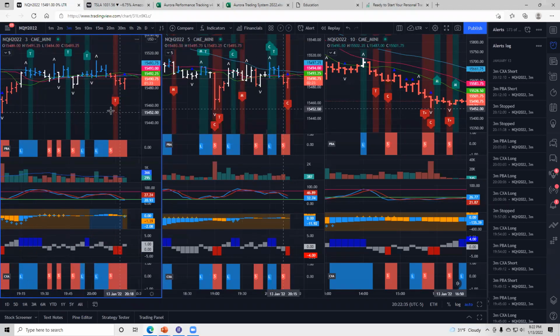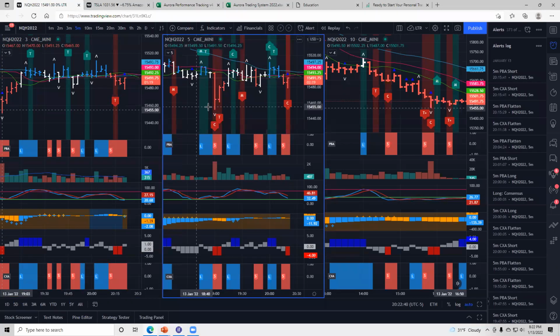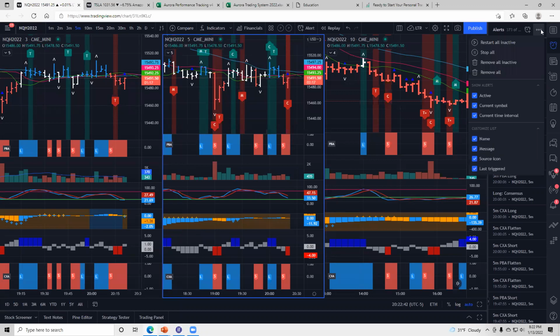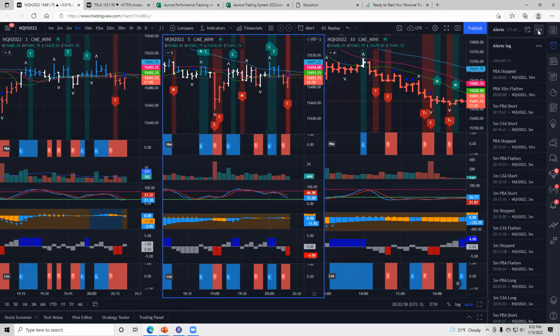I have them set up so that I'm only looking at the alerts for the particular time frame that I'm highlighting. I have the current time interval checked. If I removed that current time interval, it's going to commingle all of my 10-minute, 5-minute, and 3-minute signals and alerts.